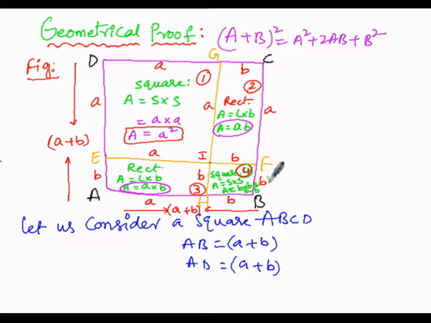The area of the square ABCD is equal to the area of figure 1 plus the area of figure 2 plus the area of figure 3 plus the area of figure 4.